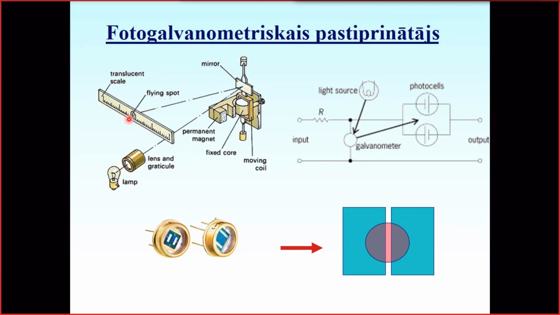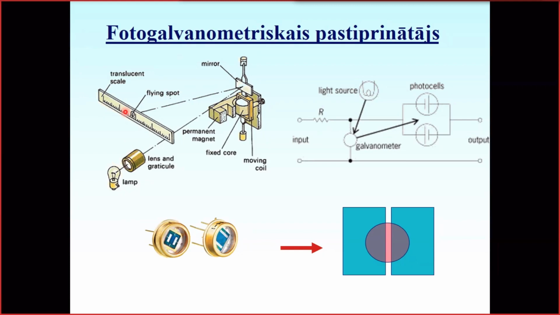But because of geometric amplification, the low angle here may cause quite a noticeable movement of the light on the scale, and the greater the distance between mirror and scale, the bigger the movement of the spot. And actually this is the basis of the photogalvanometer.